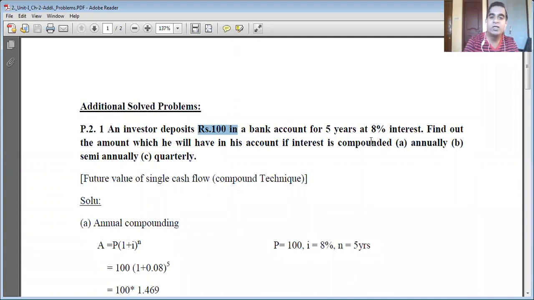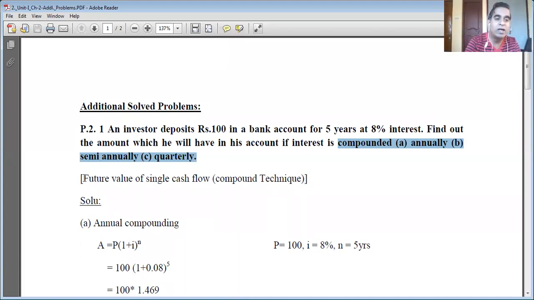There is one more piece of information in the problem. It says find out the amount which he will have in his account if the interest is compounded annually, semi-annually, and quarterly. This compounding of interest annually, semi-annually, and quarterly is only there in compounding technique and not in discounting technique. So we can also find out that it is about compounding technique.